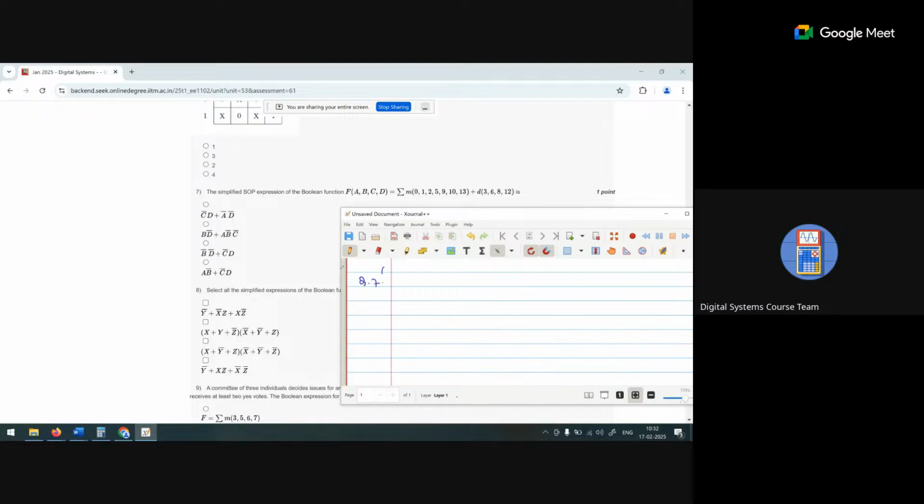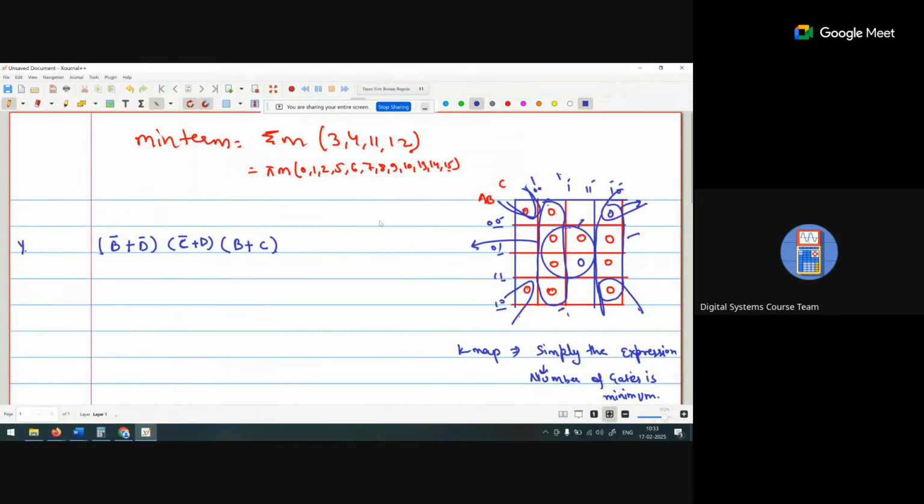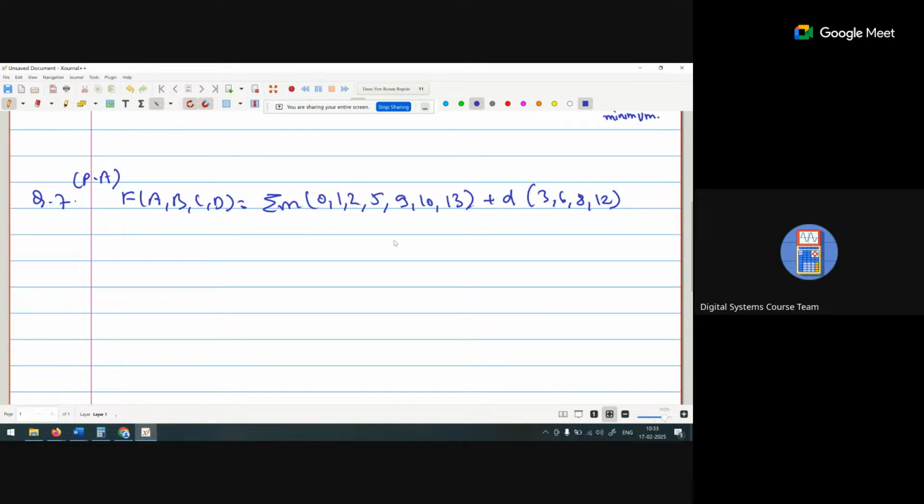Question 7, practice assignment. F(A, B, C, D) is equal to sigma m(0, 1, 2, 5, 9, 10, 13) plus d(3, 6, 8, 12). Okay, now we are going to create the K-map.